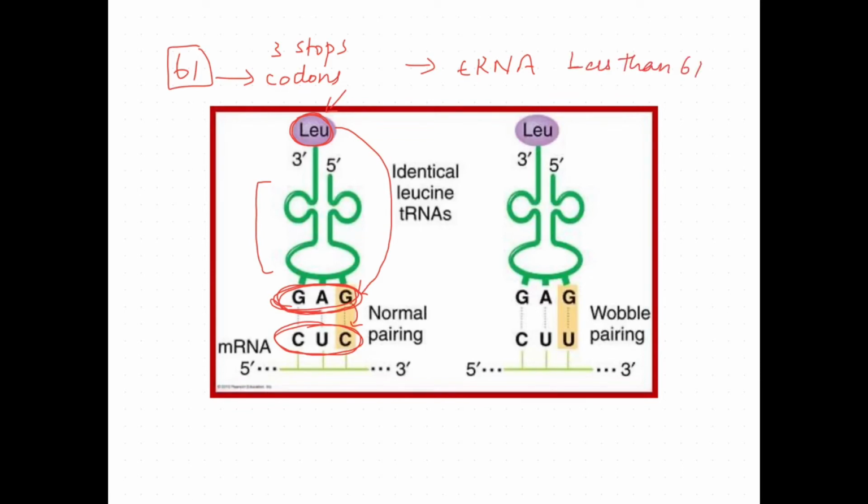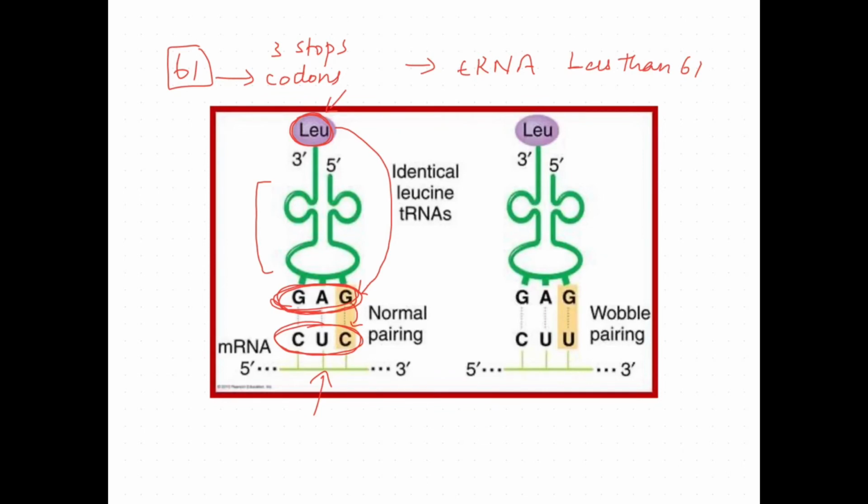So we will have a confusion. 61 codons to be recognized by 61 tRNAs, but there are fewer tRNAs. That means one tRNA can recognize more than one codon. How is this possible?